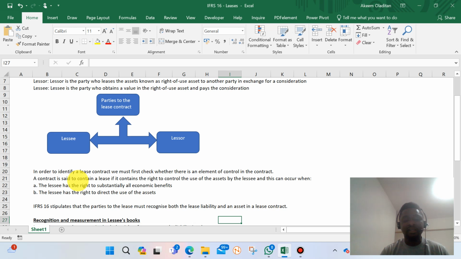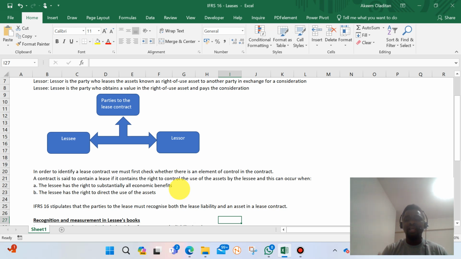For us to be able to establish control on the use of the assets, the standard goes further to explain that number one, the lessee, the person that pays consideration for the right on the asset, must have the right to substantially all economic benefits. Economic benefit may be in the form of, say, the lessee leases some hectares of land and decides to use the land for production purposes.